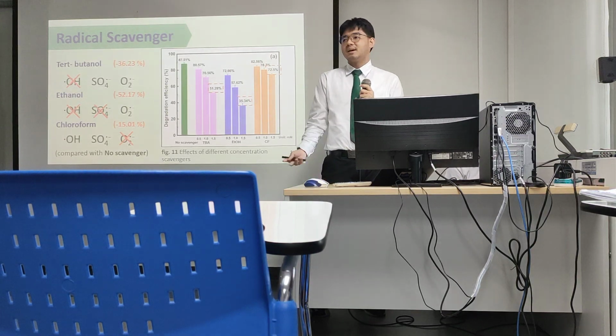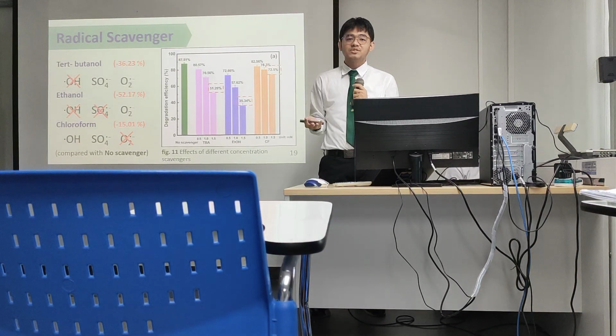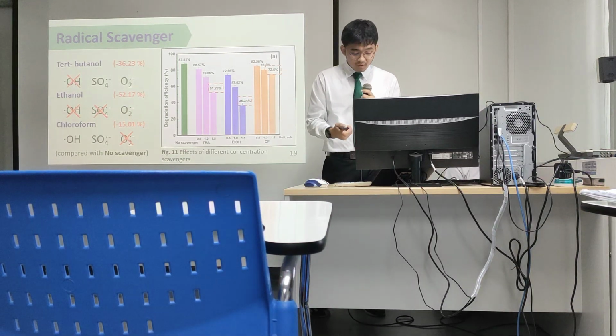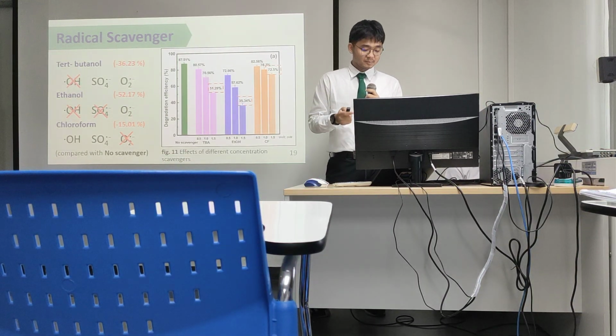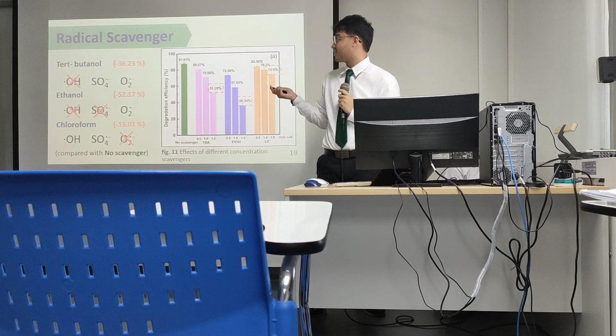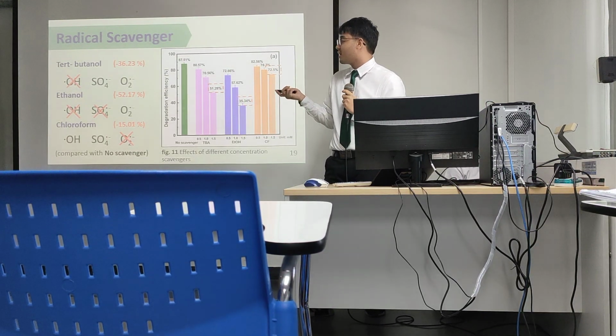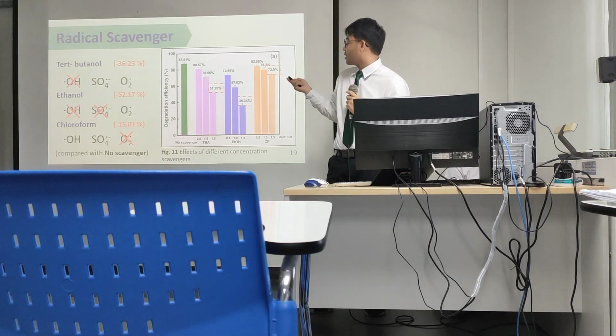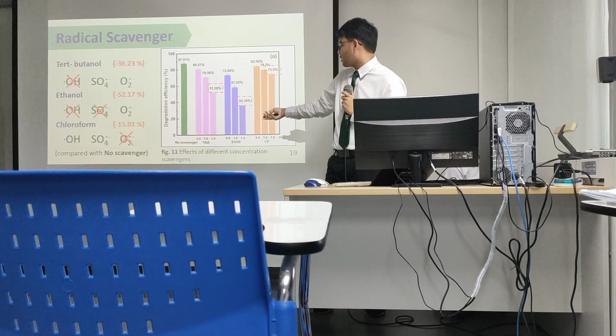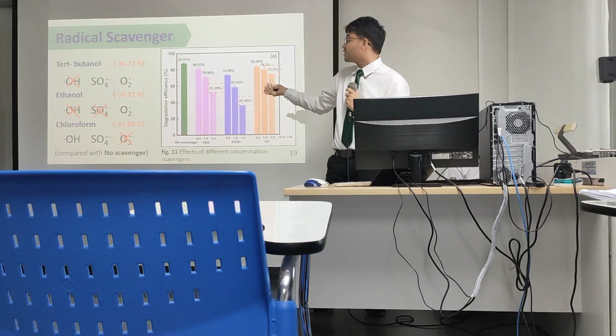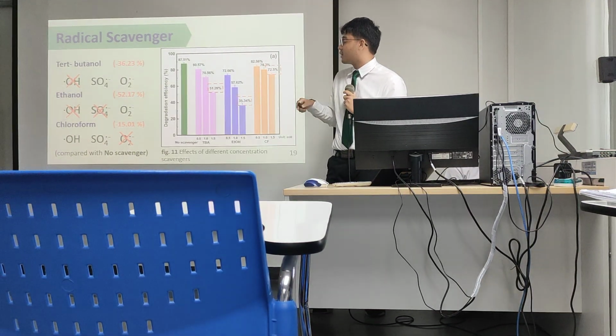Which radical is effective in the system can be proven by using radical scavengers. Tert-butanol can inhibit hydroxyl radicals. You can see that when inhibited, the efficiency decreases to about 36.23%.